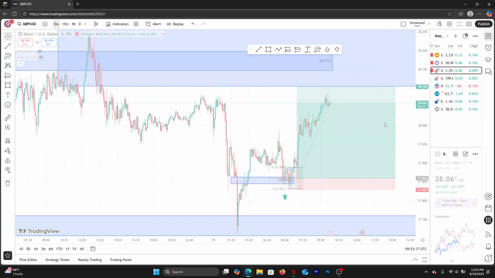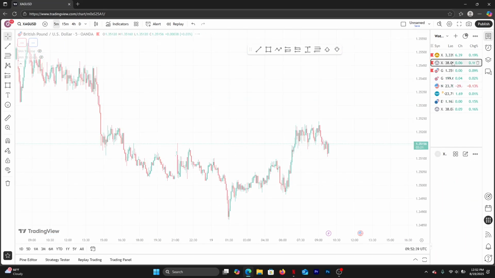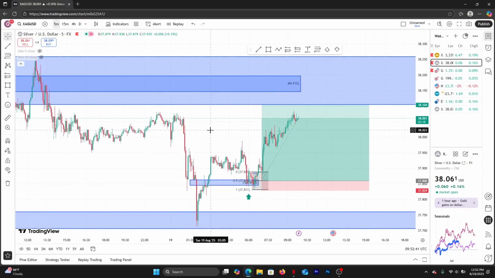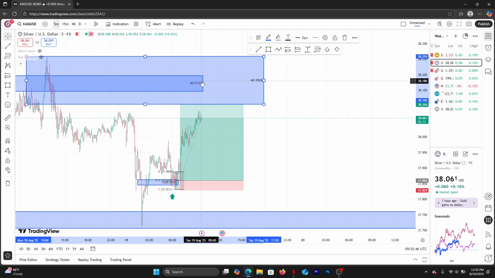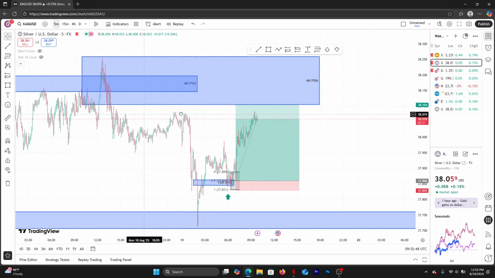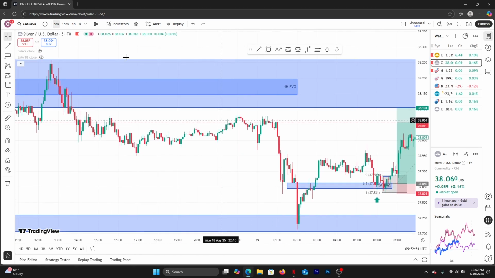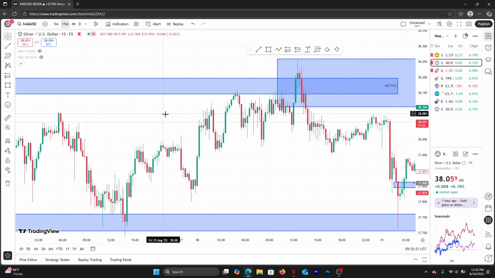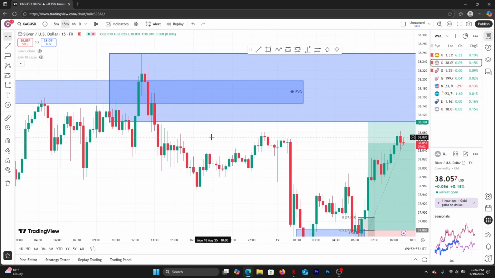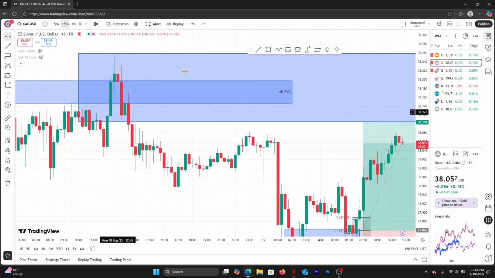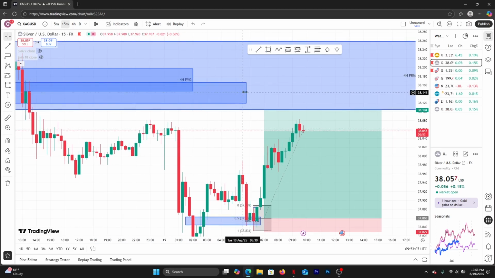And then looking at gold, so actually going back to XAUUSD, we are expecting price to come back into this 4-hour premium right here, and we have a few key areas that we are expecting price to react off of. First of all, we have this inverted fair value gap, 15-minute fair value gap in this premium, where we want price to give us a reaction.